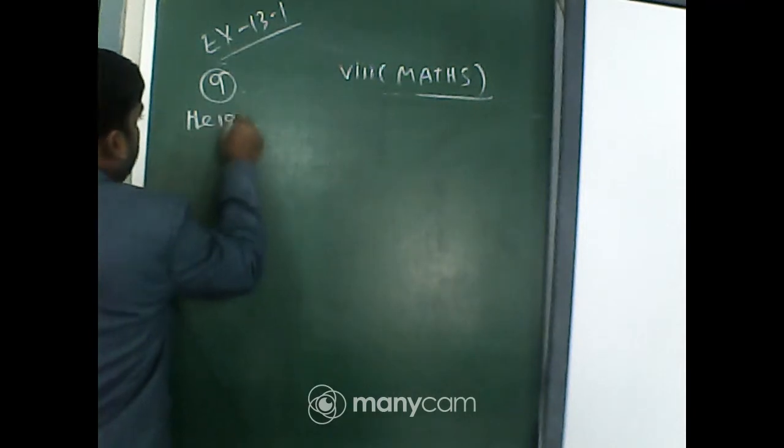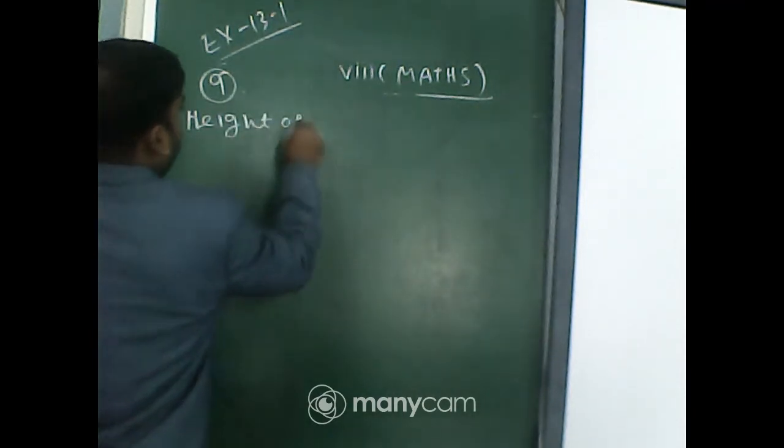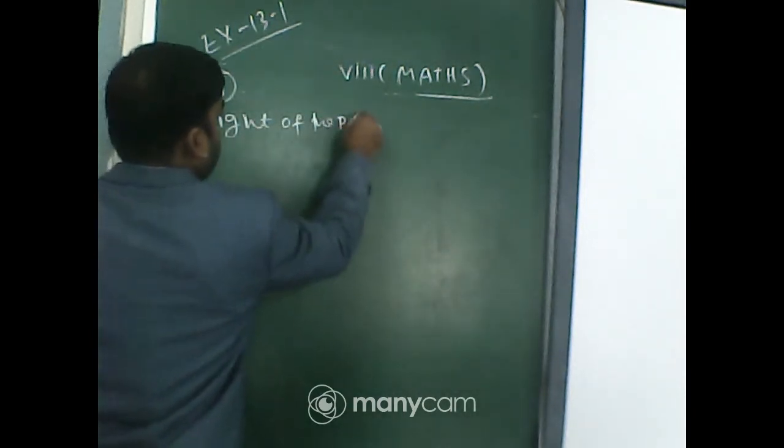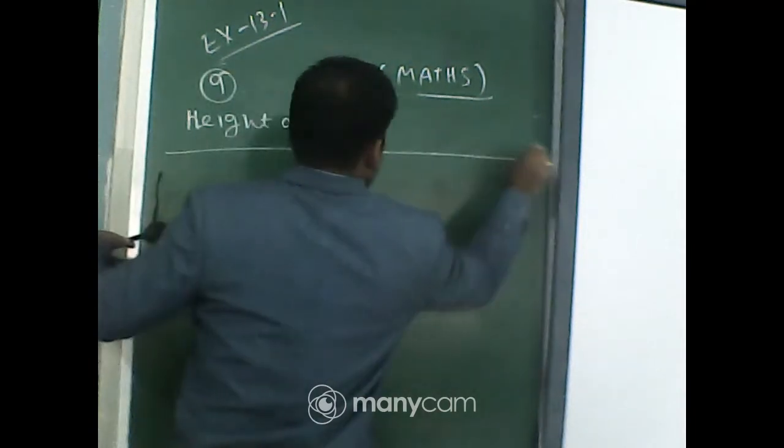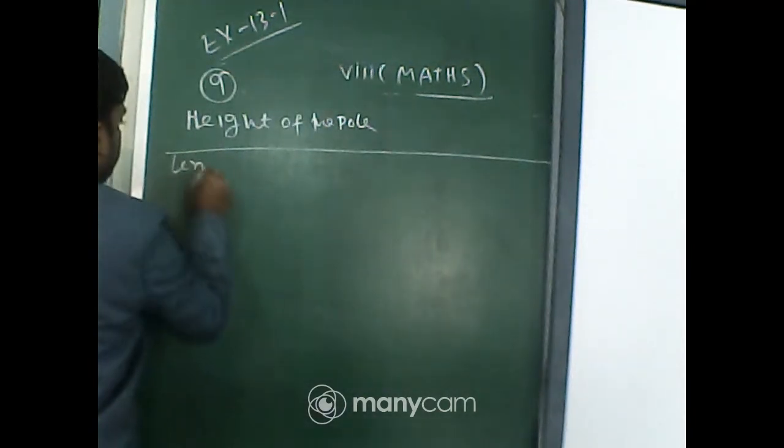Height of the pole and length of shadow.